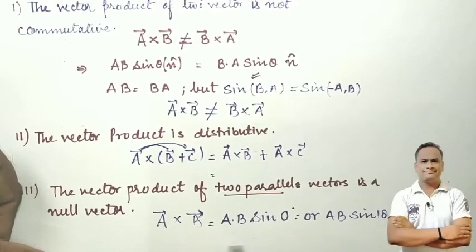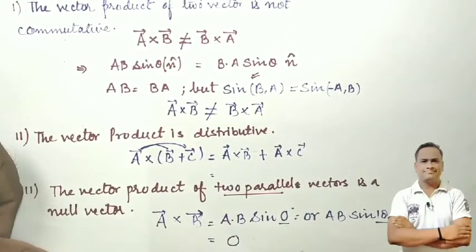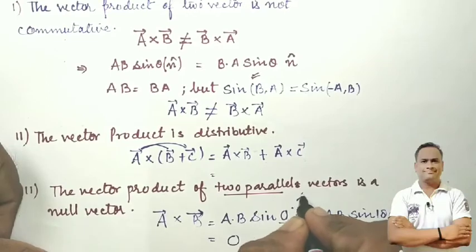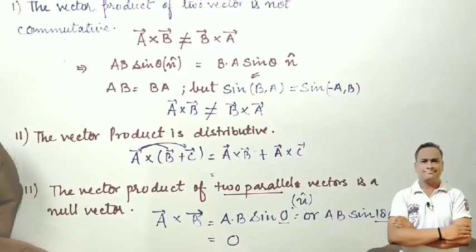In both conditions, the value of sin 0 or sin 180 is 0. So the answer comes as 0 into unit vector n, so it is 0.